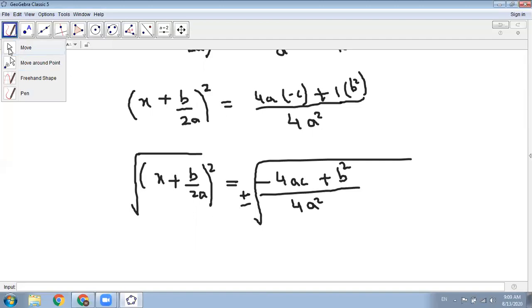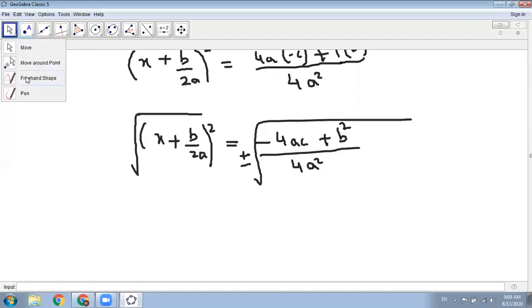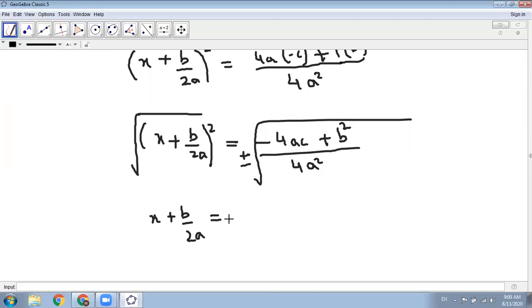Now it becomes x plus b over 2a equals to plus minus. The numerator will not be cancelled out with the square root, so we can write the numerator as b square minus 4ac, positive term first. That's why I'm writing b square first. And the square root of the denominator is 2a because it's a single term. You can find the square root of 4a square, that is 2a.